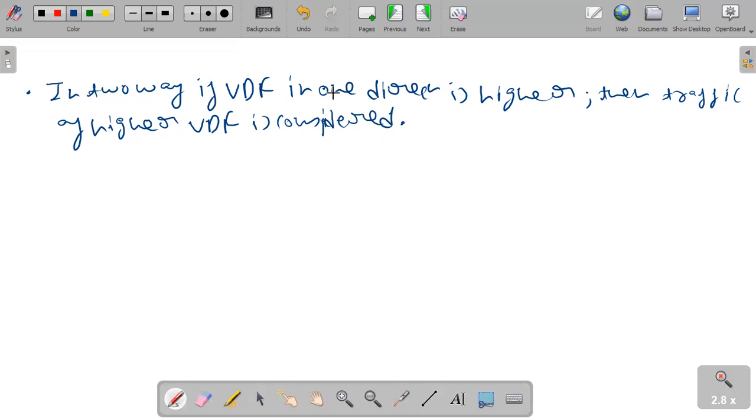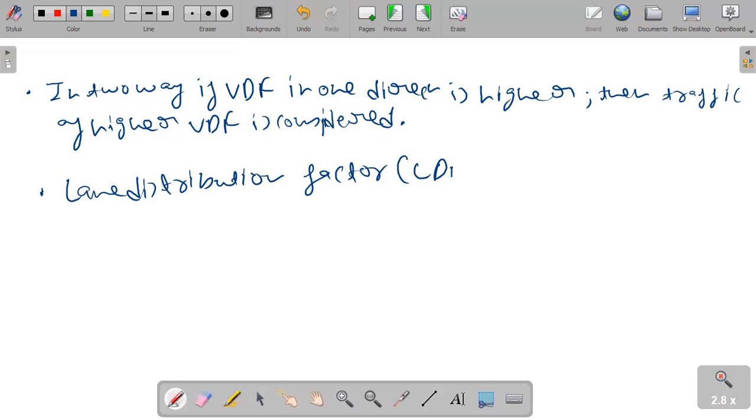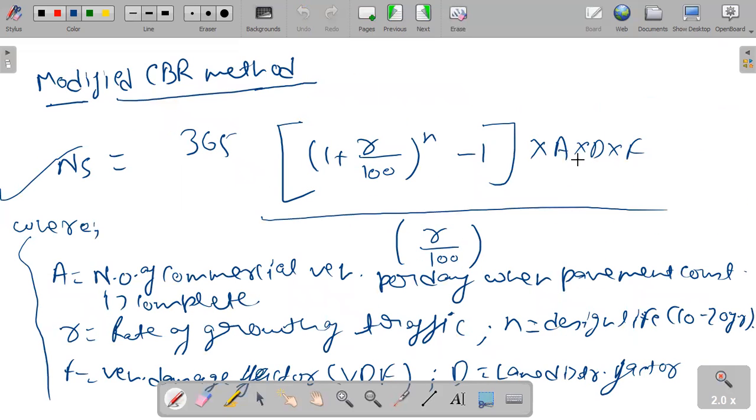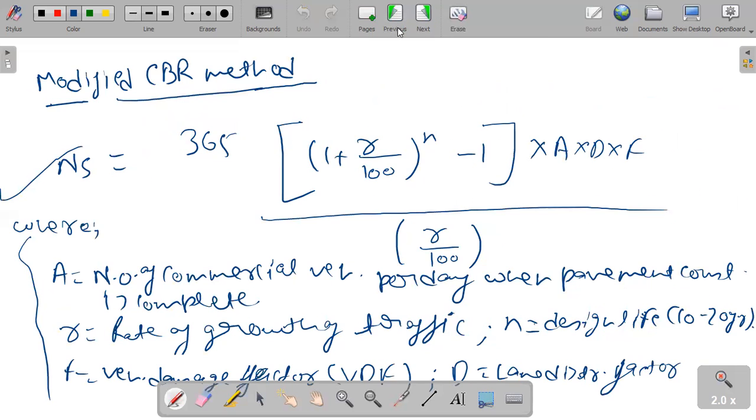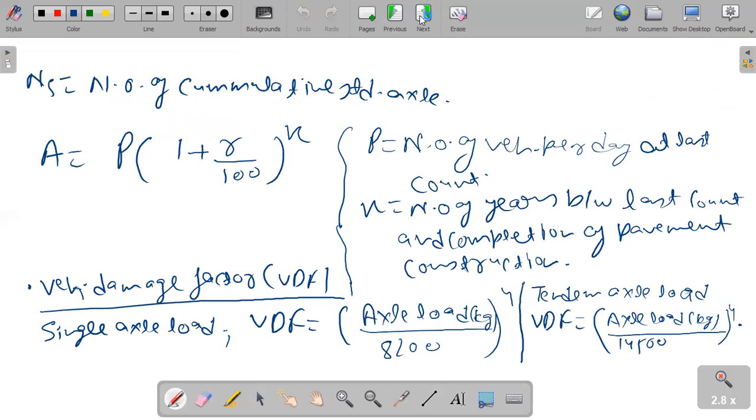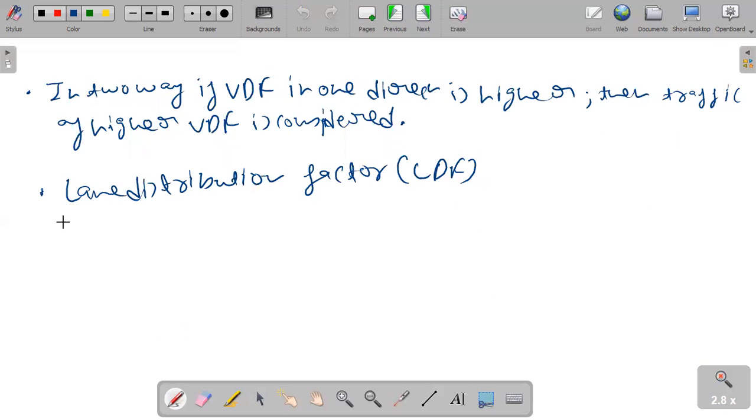Let's move to our next topic, lane distribution factor, LDF. Both vehicle damage factor and lane distribution factor we'll use in this formula.